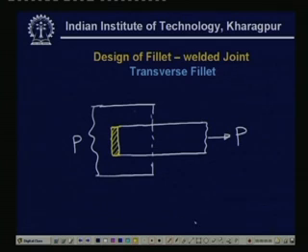We take the example of a double transverse fillet joint, where there will be two such plates.